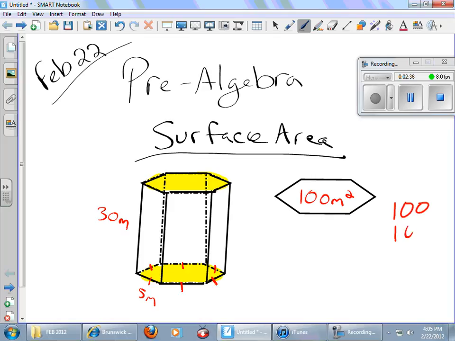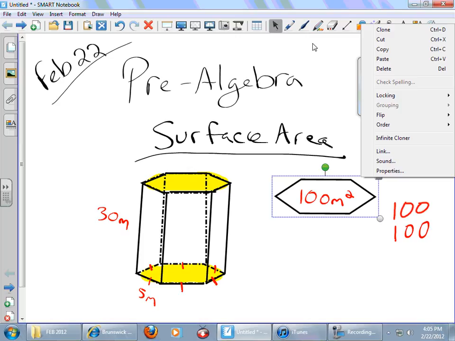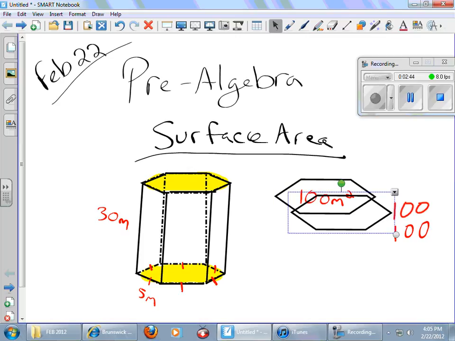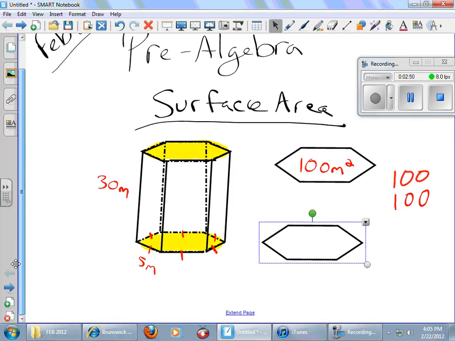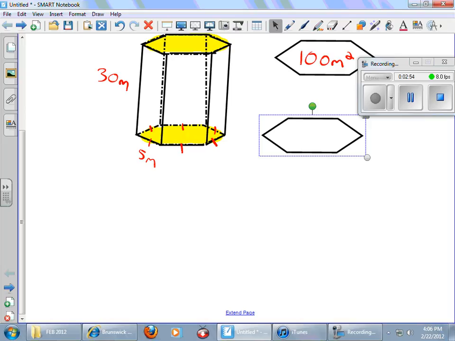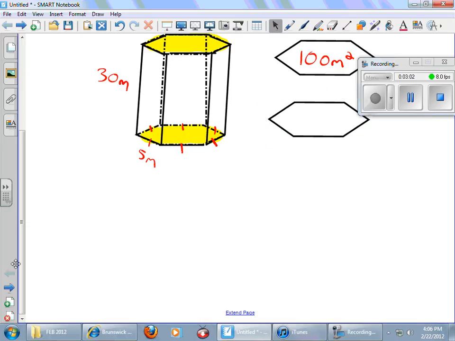Now, a lot of you have trouble seeing what else makes up the shape. You know that there are two hexagons, that you have no doubt, but you're not sure how many rectangles there are. Well, if you know the base is a hexagon, then there are 6 rectangles. How do I know? There's one coming off of each face. So there's 2 hexagons, but then there's 6 rectangles.